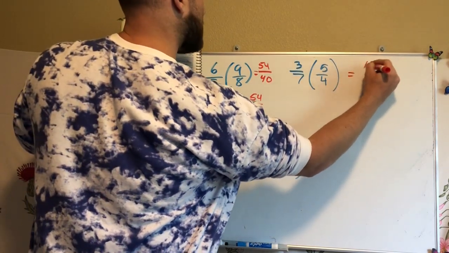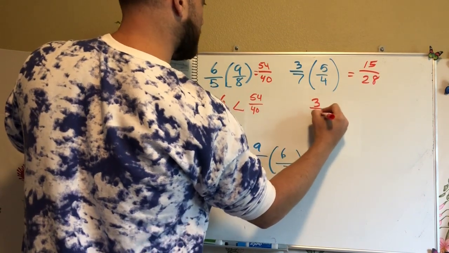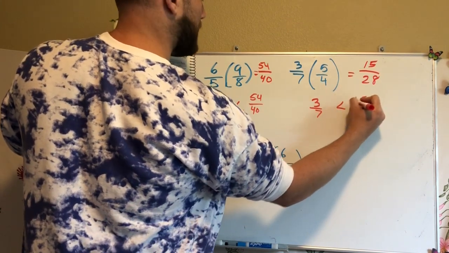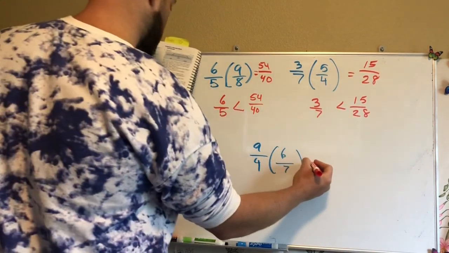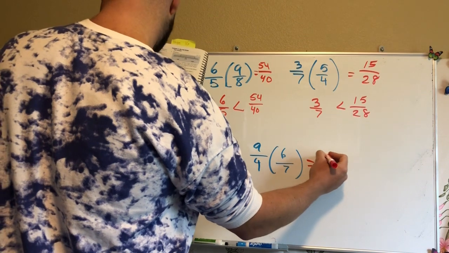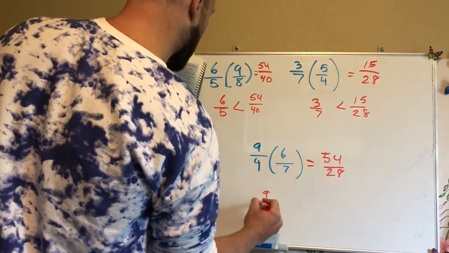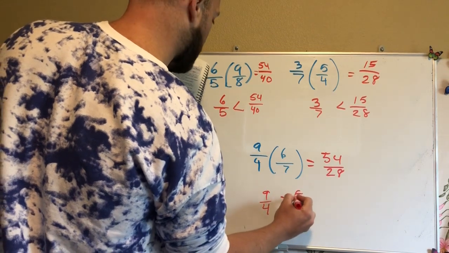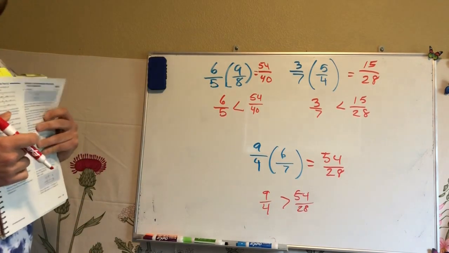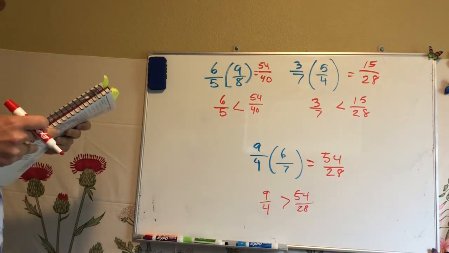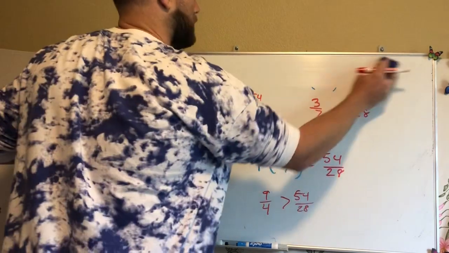This would have been 15 over 28, meaning that 3/7 is less than 15/28. And the last one. 54 over 28, meaning 9/4 is greater than 54 over 28. There's your answers. All right, let's switch gears into balance beams.